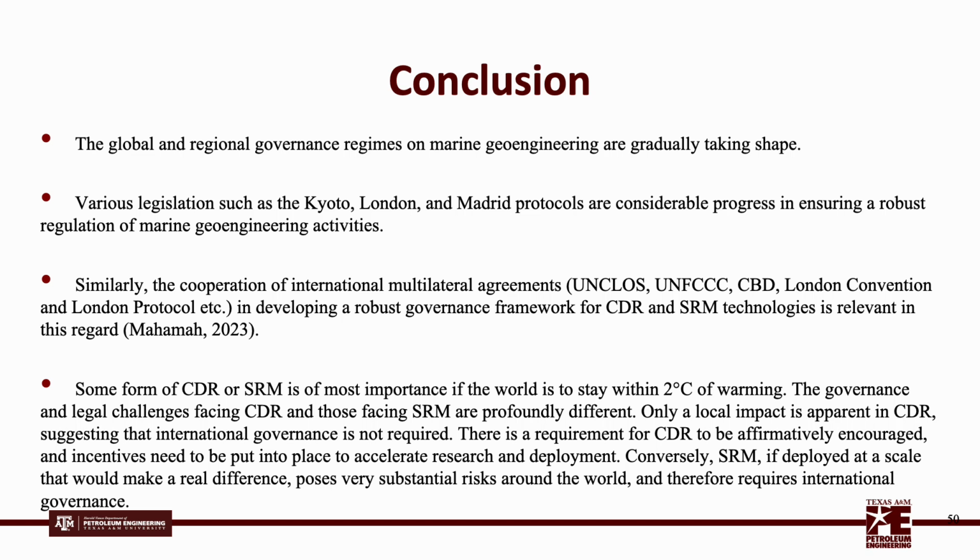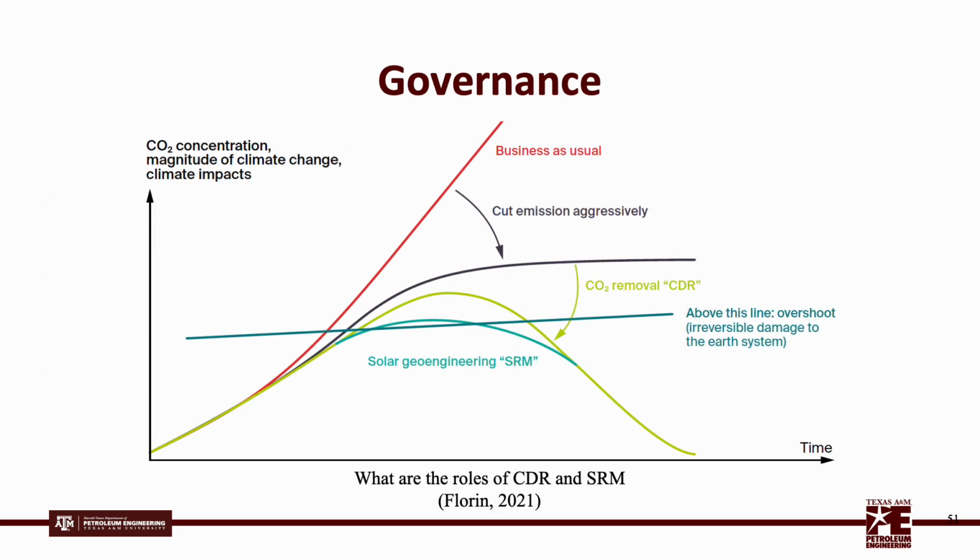Some form of CDR or SRM is of most importance if the world is to stay within 2 degrees Celsius of warming. There is still a world of information to unearth about climate change and the impacts of CDR and SRM.